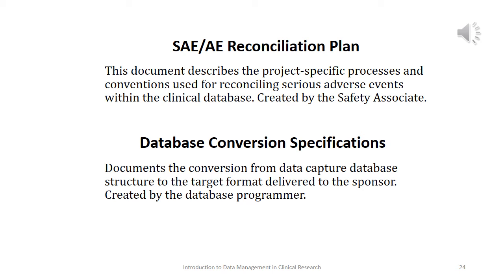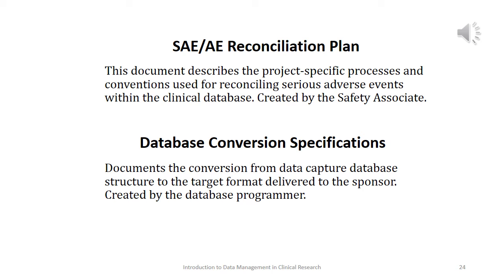So we want to make sure the two are consistent and that they're adequately coded in both places. In other words, our clinical database shows an adverse event that's identified as a serious adverse event, and then that serious adverse event also appears in our safety database. So that reconciliation plan is going to become part of our data management plan.